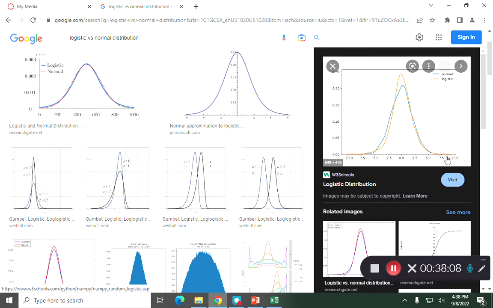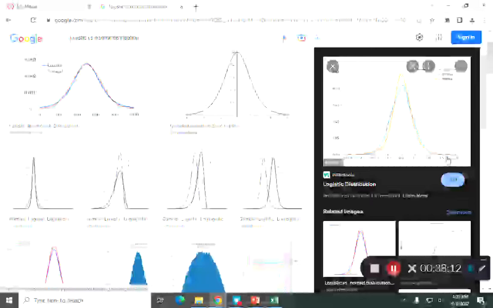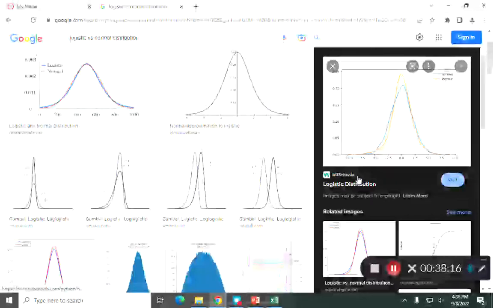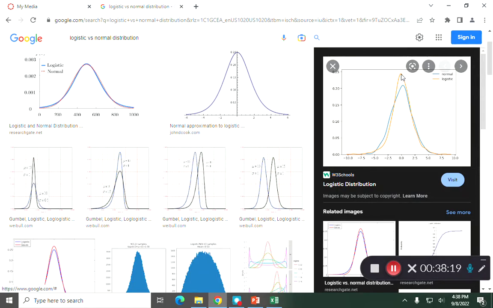Normal distribution is kind of like, fine, I'll let go. Logistic is, oh, you violate that, I'm going to cut it out. So the kurtosis of the logistic distribution is a lot tighter, and a normal distribution is a lot more spread.